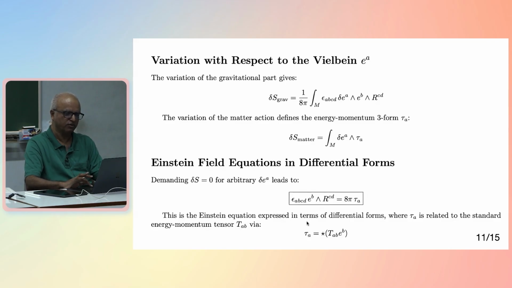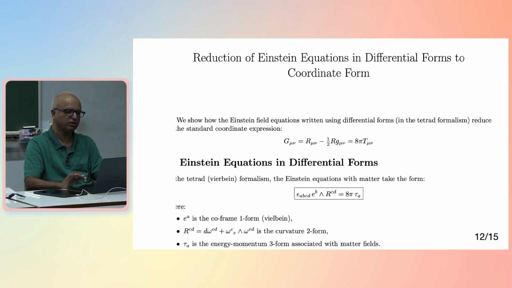This is the Einstein equation expressed in differential form, where tau_A is related to the standard energy momentum tensor by taking this so-called Hodge-star dual. So this is a 1 form written as a vector valued 1 form. Take its Hodge dual, you will get a 3 form. On the left hand side also there is a 3 form. I think I have a slide working this out.